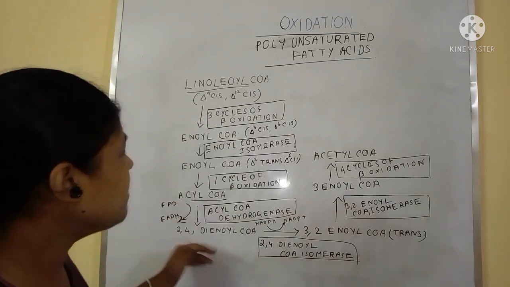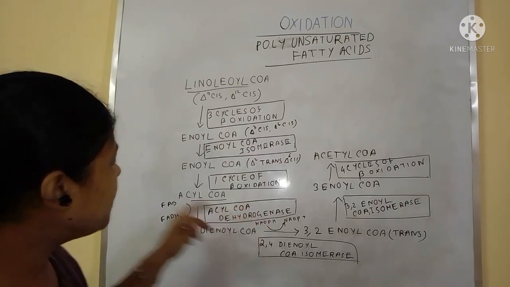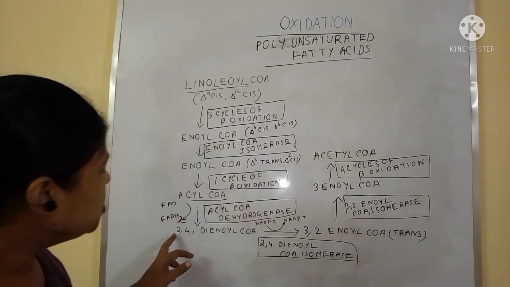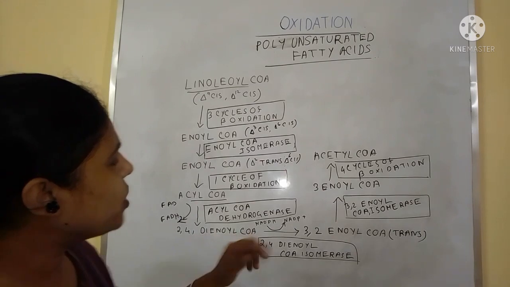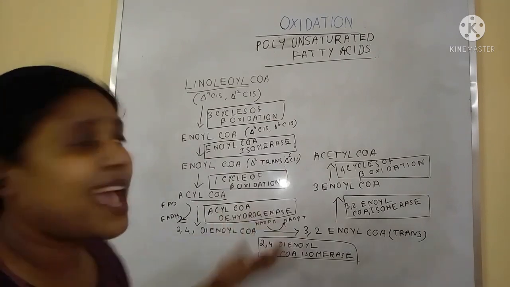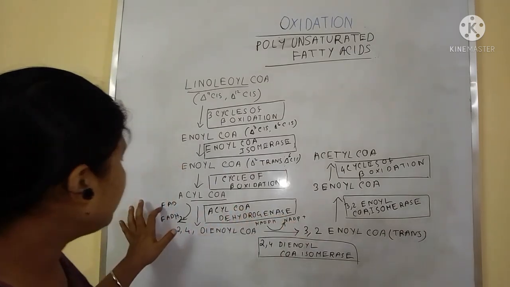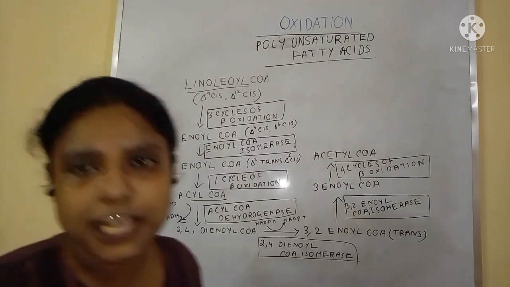In the next step, acyl CoA dehydrogenase converts the acyl CoA into 2,4-dienoyl CoA, and as usual with dehydrogenase, FAD converts into FADH2.